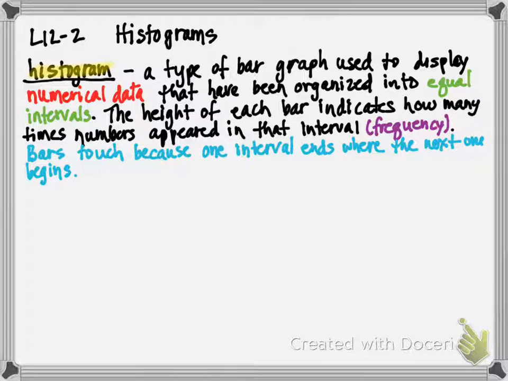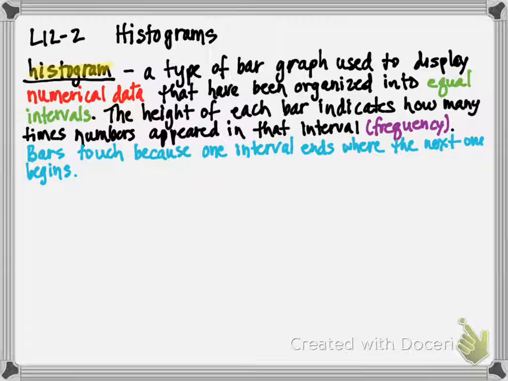Let me break this down into something more user-friendly. You cannot do a histogram on colors or favorite sports or anything like that. It has to be about numbers only. Intervals means it's not counting like we were doing with the dot plot or line plot.